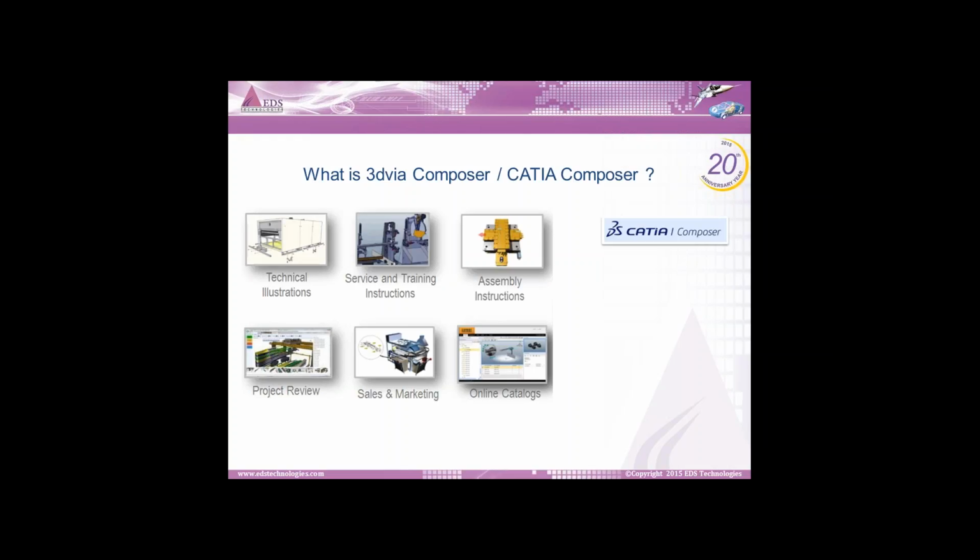So it can be technical illustration, service and training instructions, assembly instructions, project review, sales and marketing, or online catalogs. The Composer product suite is used to create and maintain rich content such as assembly instructions, documentation, education materials, technical illustration, and much more.